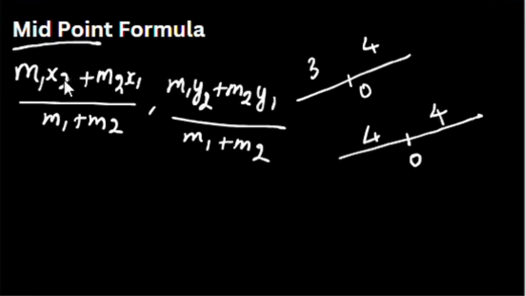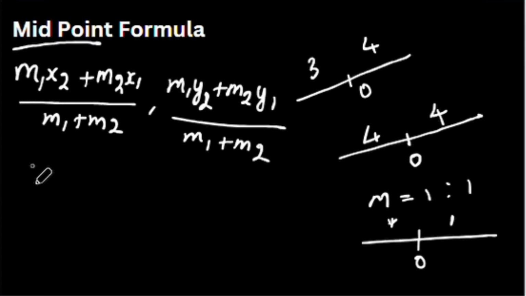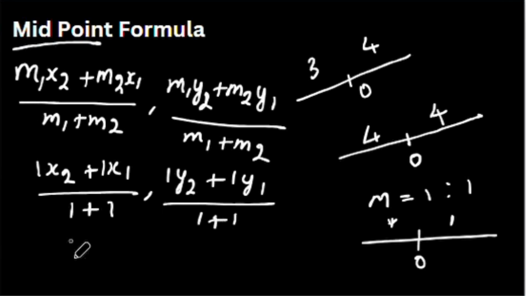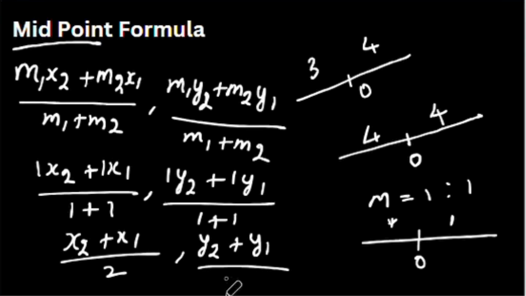Let's consider the midpoint to be M, with ratio 1:1. Substituting: (1 x2 plus 1 x1) divided by (1 plus 1), comma, (1 y2 plus 1 y1) divided by (1 plus 1). So the answer will be (x2 plus x1) divided by 2, comma, (y2 plus y1) divided by 2.